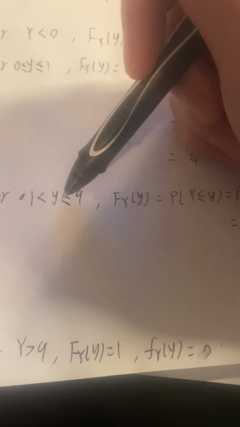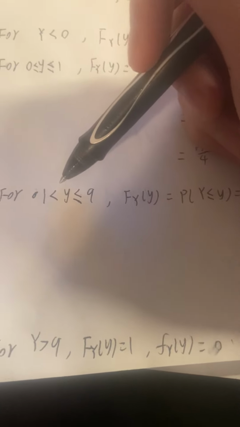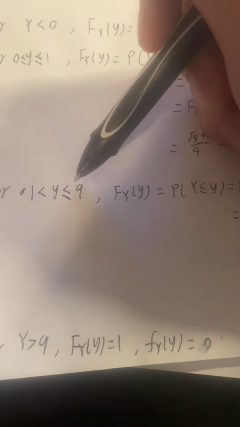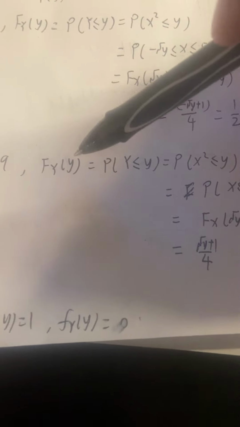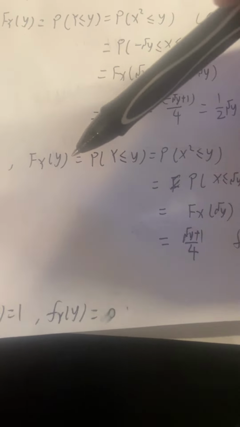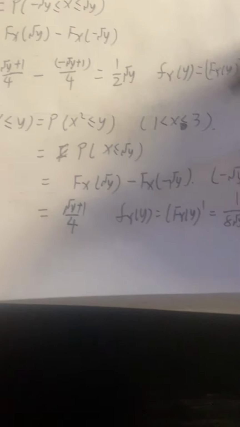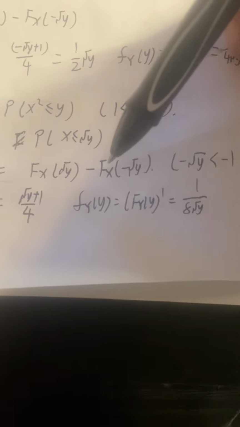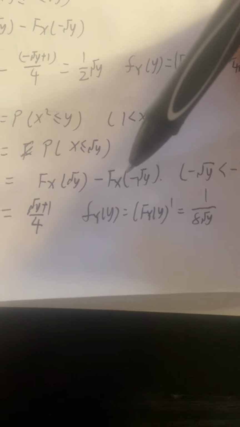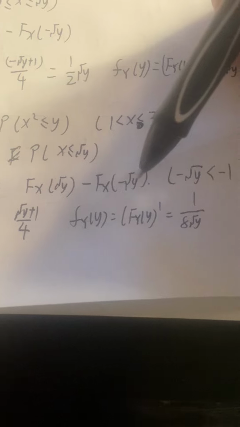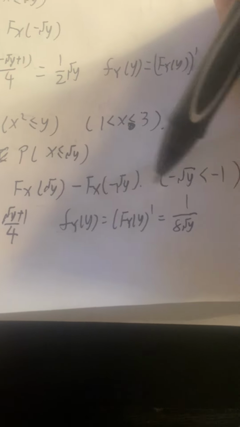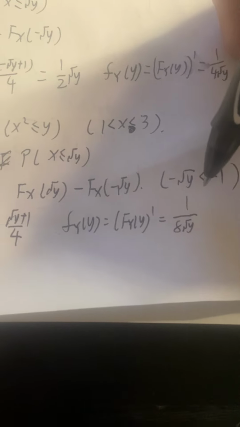For y larger than 1 and less than or equal to 9, we can use the same method to get the distribution function of Y. But the term F_X of negative square root of y will be 0, because the argument is less than -1.